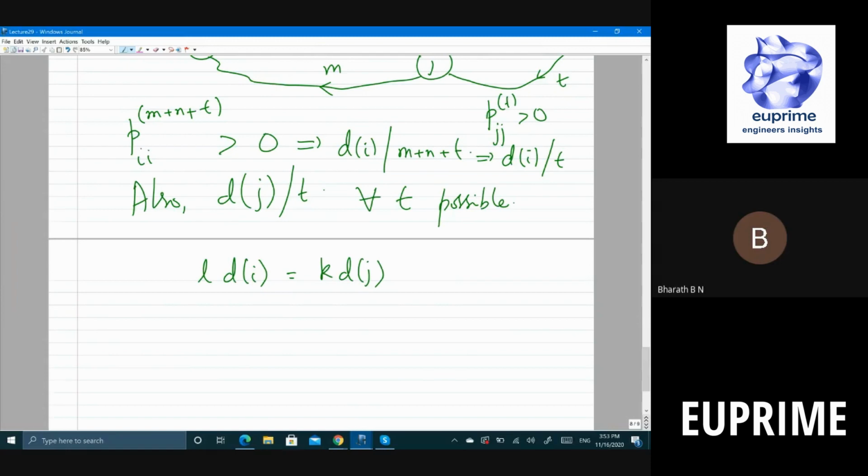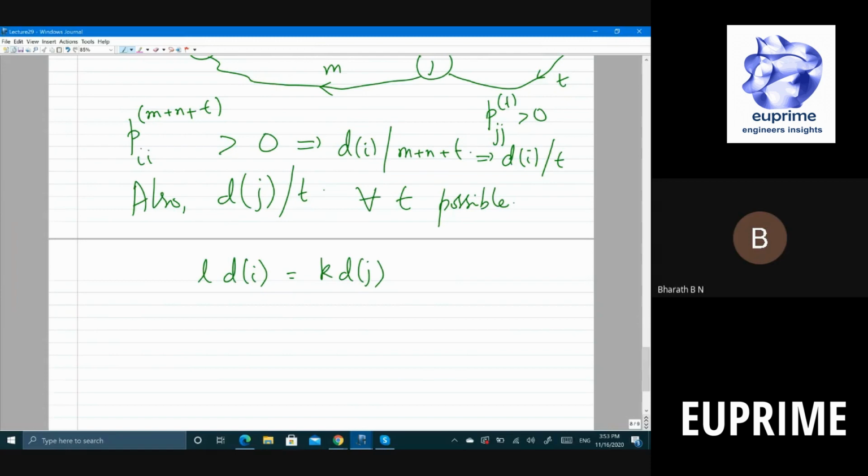Is that fine or no? Sir, can you tell me once more? See, I have taken some t such that pjj of t is greater than 0. It's any t that you take. All that I'm saying is d of i divides t and d of j divides t.